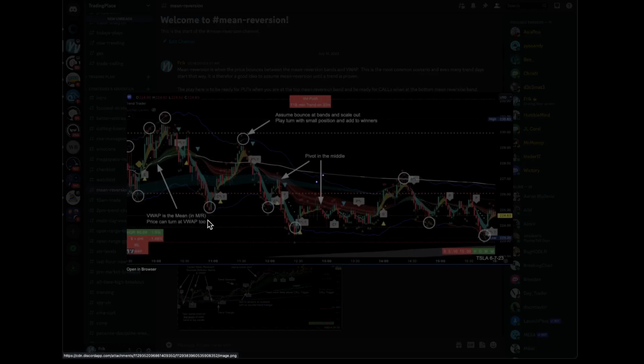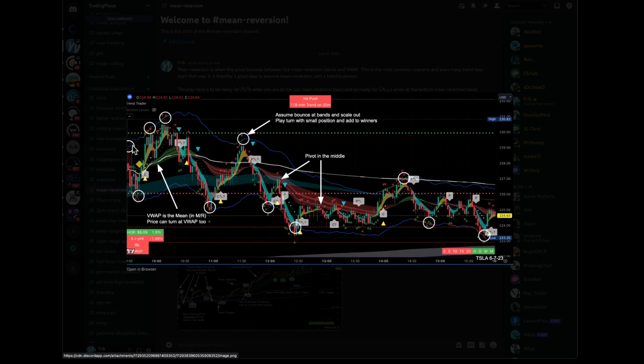If you're like me, you're going to look at the pictures. So the blue bands at the top and the bottom, I call them mean reversion bands. They're basically Keltner channels, so they're well defined in terms of the expected move for a stock.